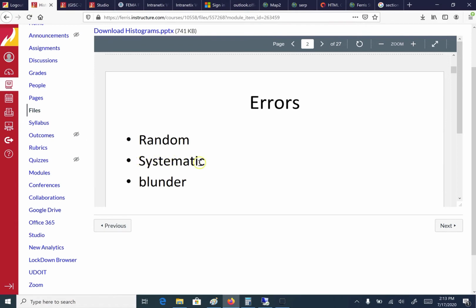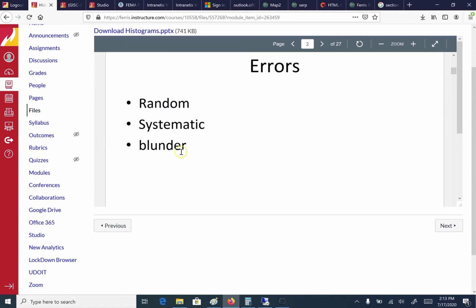Systematic error can be corrected if it's known. Systematic error is using the wrong unit of measurement. And a blunder is, say, writing down 19 instead of 91. Once again, this can be corrected if the error can be found. Random errors cannot be corrected. That's why they need to be adjusted for the most likely or the adjusted value.